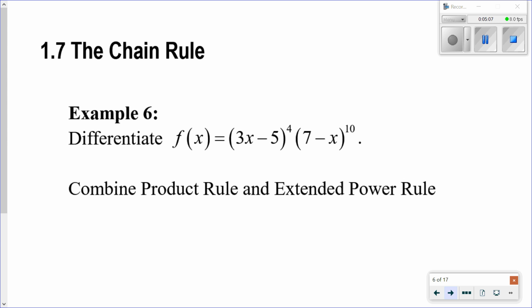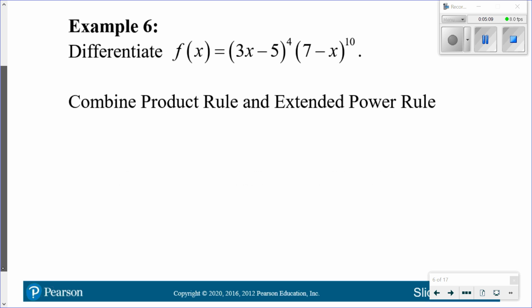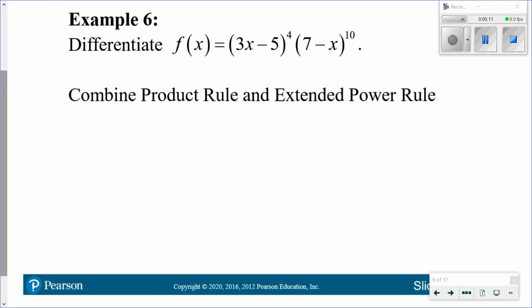All right, we are going to combine two rules here. So we're going to find the derivative of this using both the product rule and the extended power rule or chain rule. Okay, so we're going to do two rules. This is a product. Okay, so let's do it this way. Let's call this g of x, and let's call this h of x.